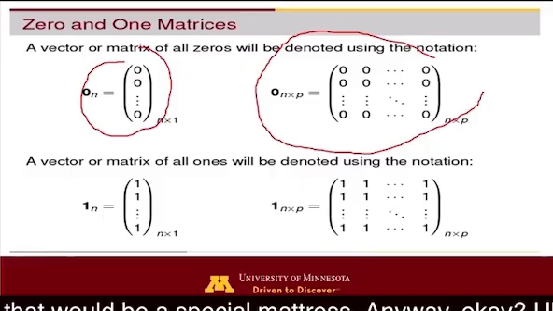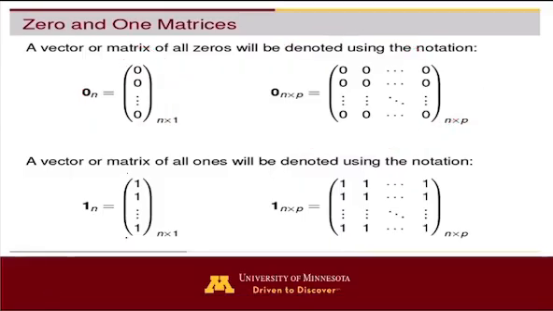And we can also have a vector where all entries are going to be ones. If we have that, we're going to call it a one vector. And we can also have a situation where all entries in a matrix are going to be one. Now, there's something I need you to see here.